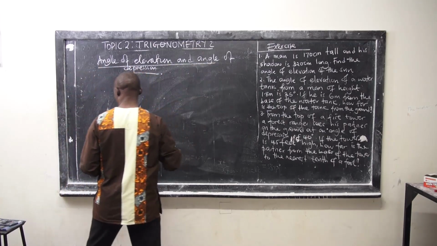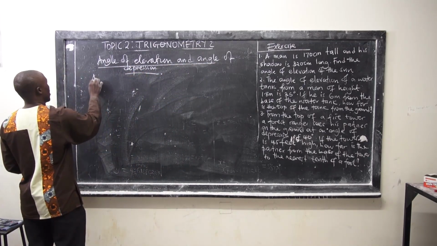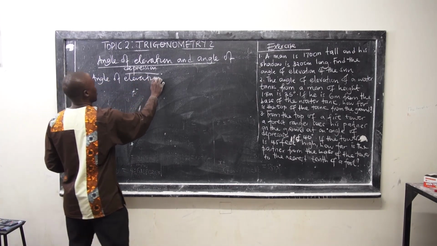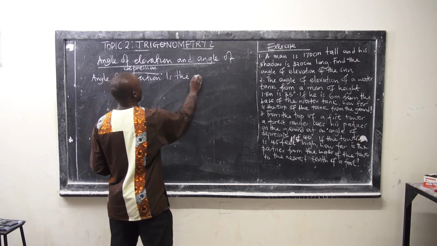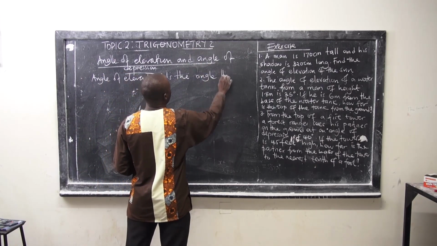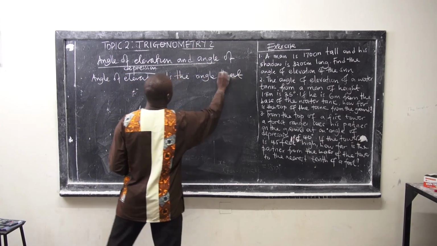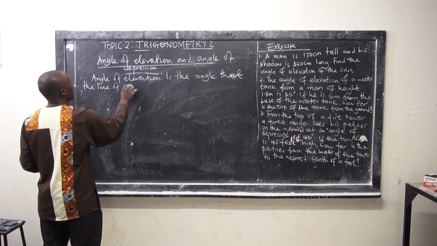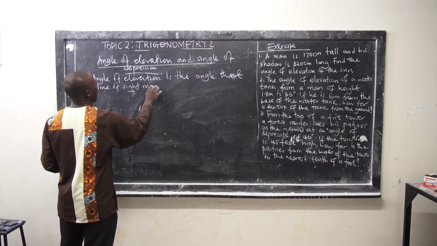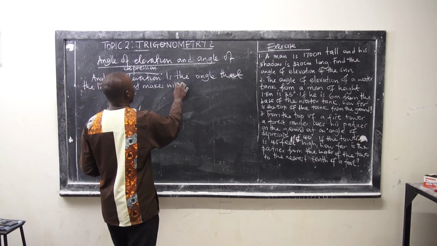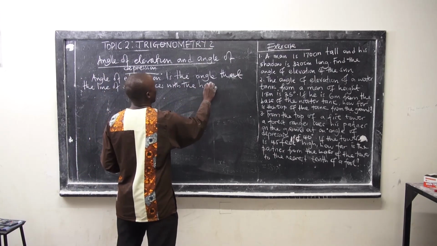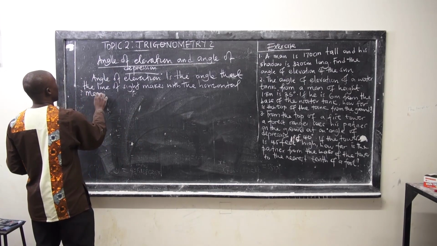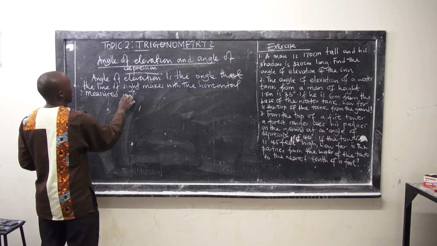Now the angle of elevation is the angle that the line of sight makes with the horizontal, measured upwards.